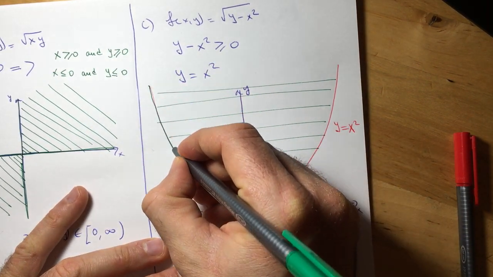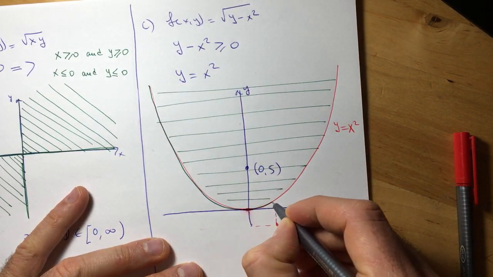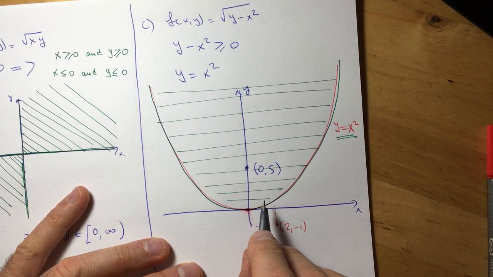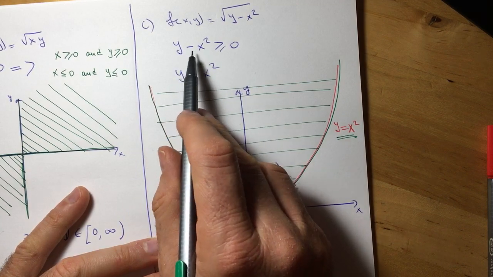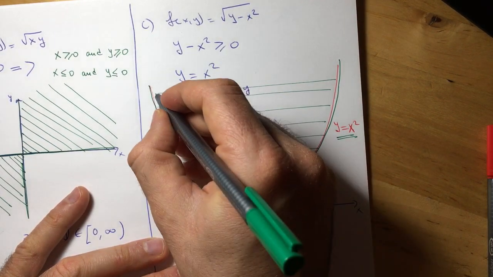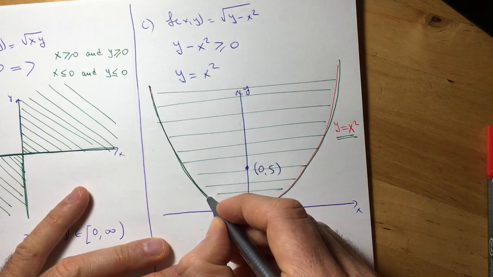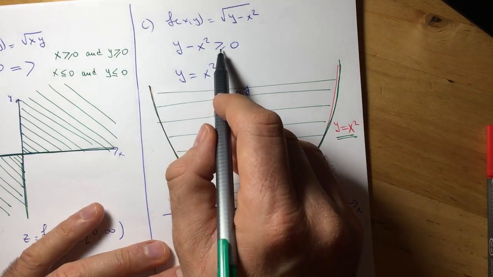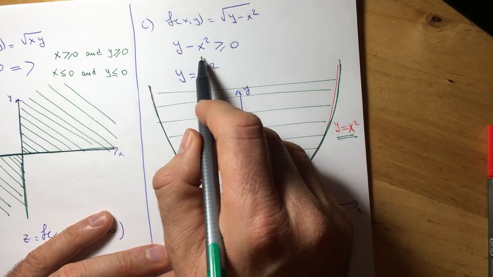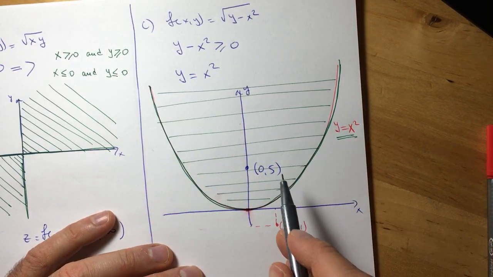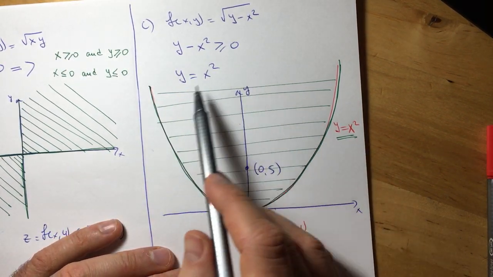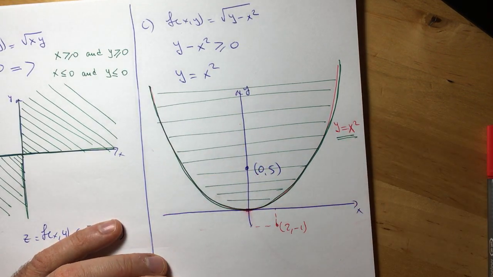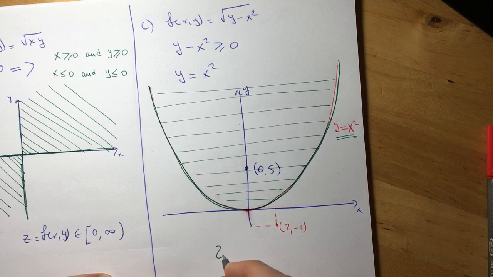Here, all the points on this graph satisfy the equality y is equal to x squared, which means that this difference is going to be exactly 0. So any points on this boundary satisfy the equality here, right? That means that the domain of this function are going to be all the points, including the points on the curve itself.